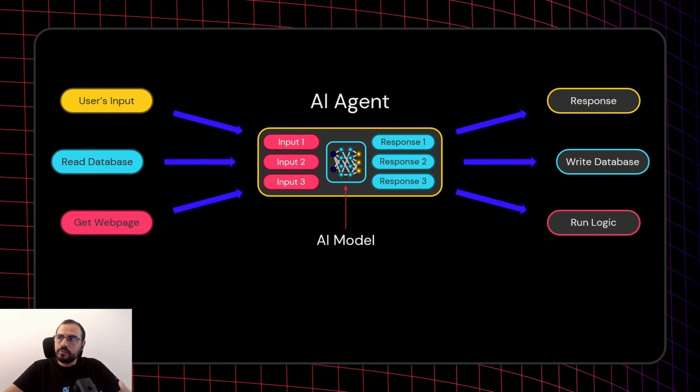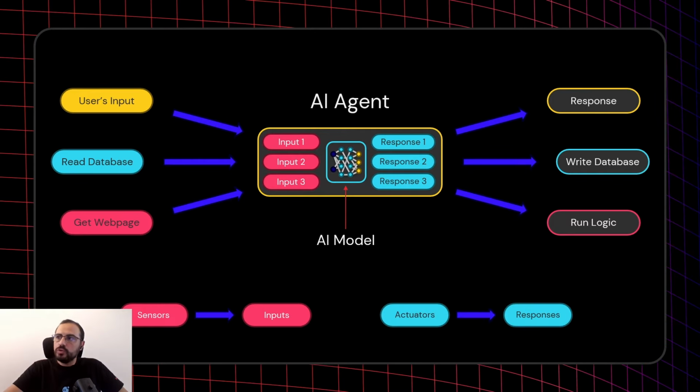And by doing that, if we complete the concept of having different types of inputs, like user input, giving it database information, or giving it a web page, and we also give it the capability of taking actions upon the environment, right? Like giving responses or calling tools to write on databases, run logic, whatsoever. So this means that we are facing an AI agent.